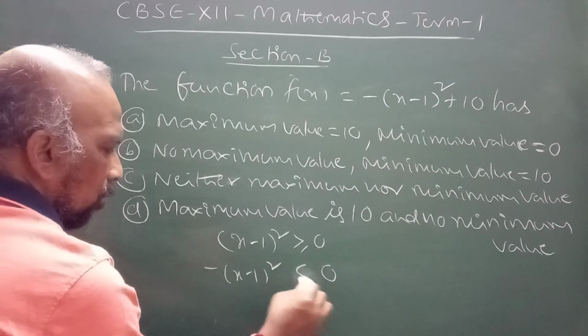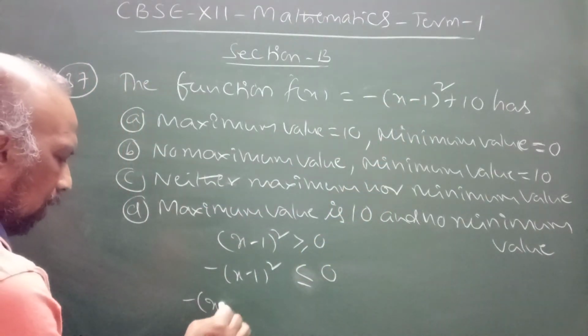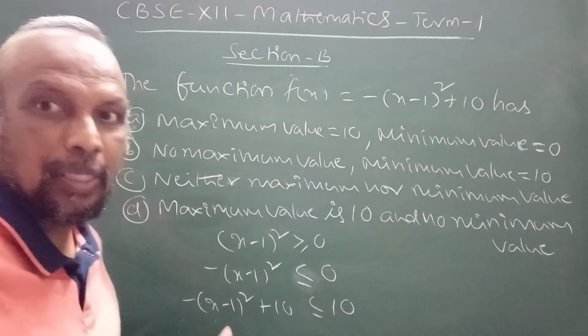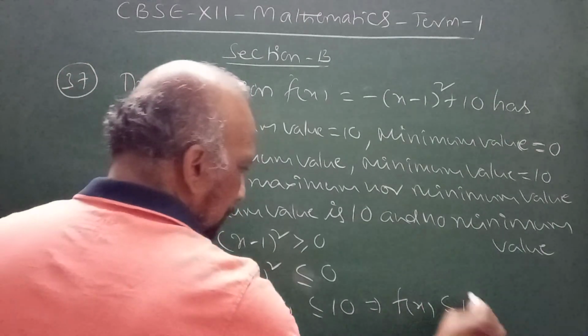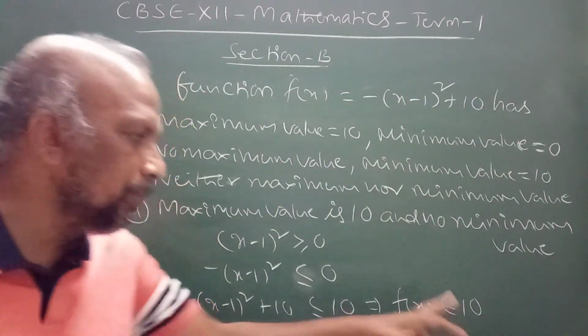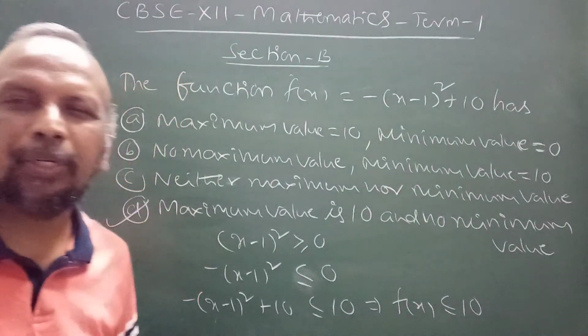Add 10 on both sides: minus of x minus 1 whole square plus 10 is less than or equal to 10. So f of x less than or equal to 10. That means the maximum value will be 10, and no minimum value. Option D.